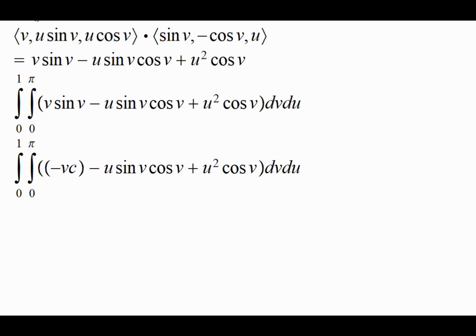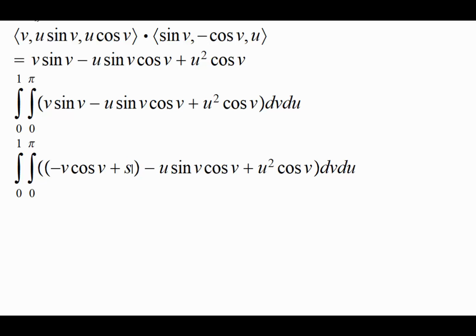Negative v cosine v, right? And then negative, and then negative again, that will make it positive, and then that will be antiderivative of cosine v, that will be what? Sine v.